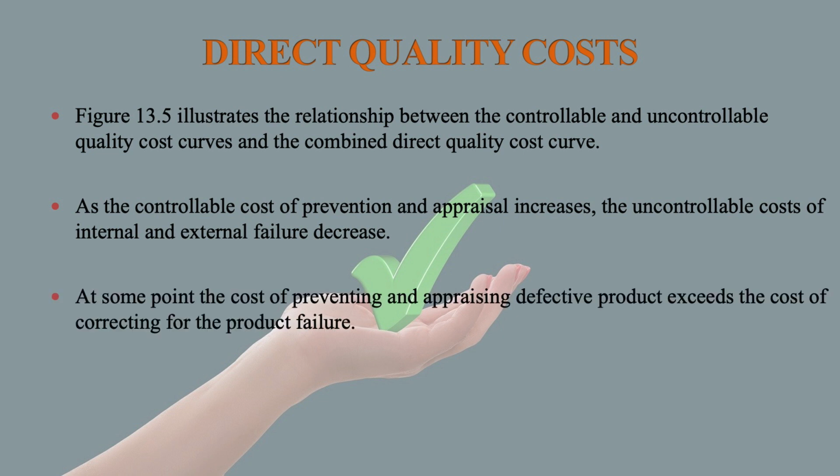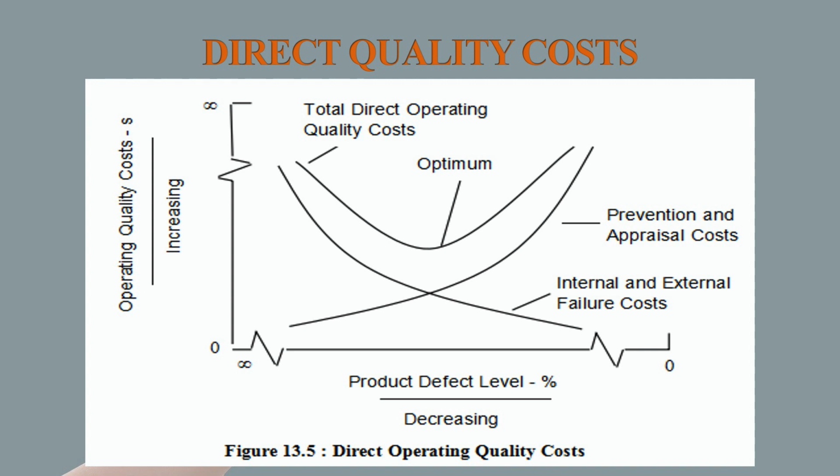At some point, the cost of preventing and appraising defective product exceeds the cost of correcting for the product failure. This point is the optimum operating quality cost. So here in this figure you can see the optimum level where it occurs, that is known as the optimum cost.